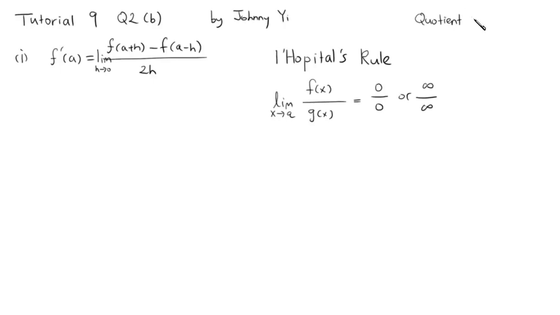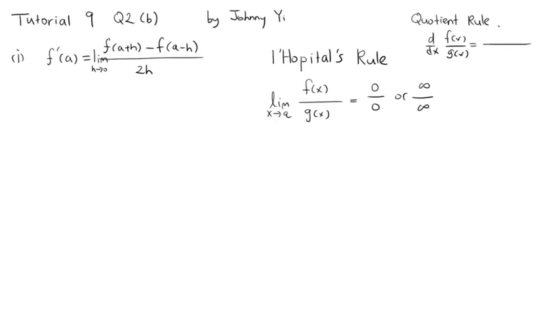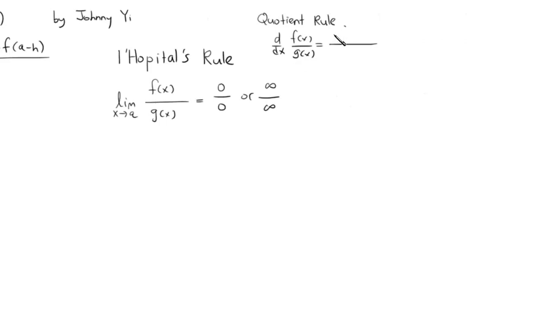The quotient rule says that if you want to differentiate a function that's made up of two functions, one on the numerator and one on the denominator, then you use the rule you all know: f dash of x, g of x minus f of x, g dash of x, over g of x squared.